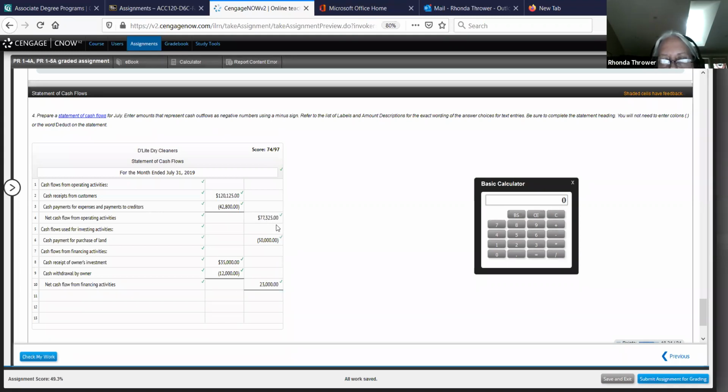So this was my positive, 77,325. Plus my other positive net cash flow, which was 23,000. Then I'm going to subtract out my negative net cash flow that I paid for my land.